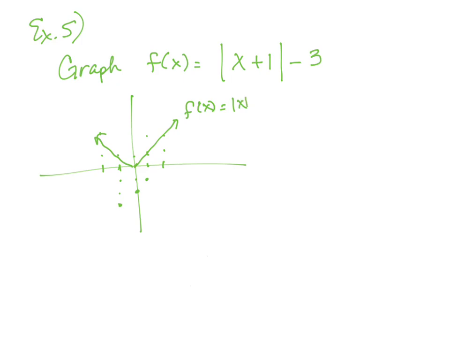And so then I have some points that I can actually translate. Left 1, down 3. There's my new function. Any questions on this one, guys?